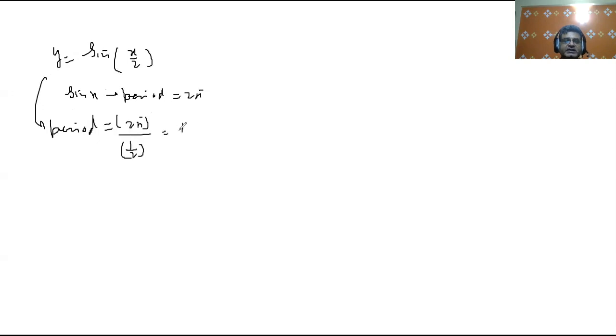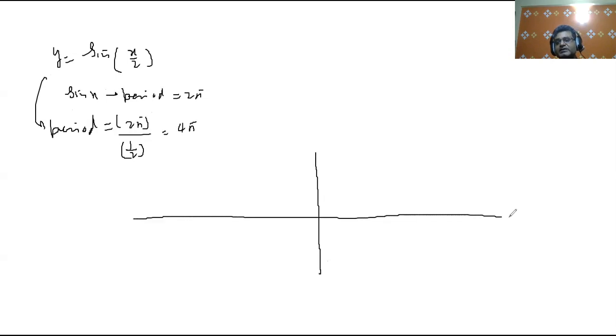The period will become 4 pi. It means the graph will repeat itself after 4 pi. Initially, it was repeating itself after 2 pi. So just see, it is 0, pi, 2 pi, 3 pi, 4 pi, likewise up to infinity and minus infinity.